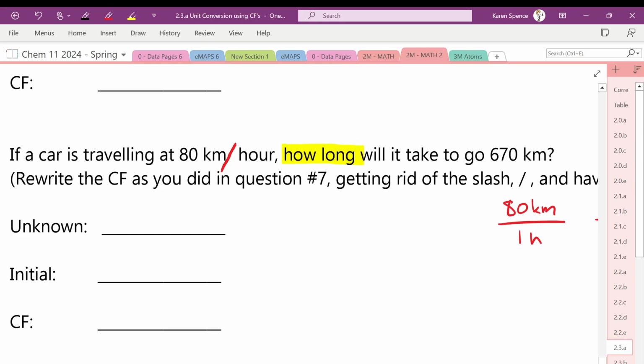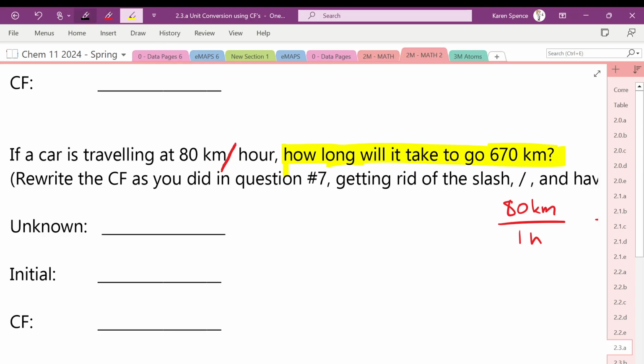Which 2 ideas are connected? Nobody is answering me. Are you kidding me? How long will it take to go 80 kilometers per hour? Or how long will it take to go 670 kilometers? 670. These 2 ideas are connected.